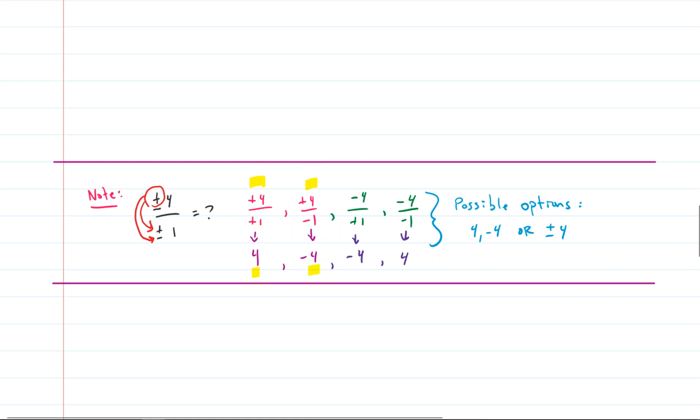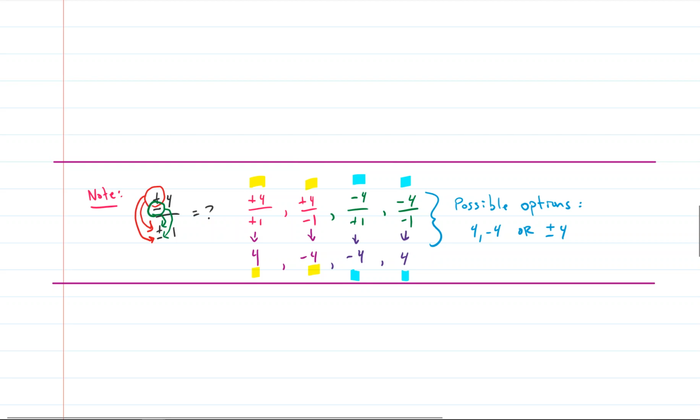Then next we take the negative 4 in the top, and we pair it with the positive 1 and with the negative 1. So negative 4 with the positive 1 gives us negative 4, and negative 4 with the negative 1 gives us positive 4.